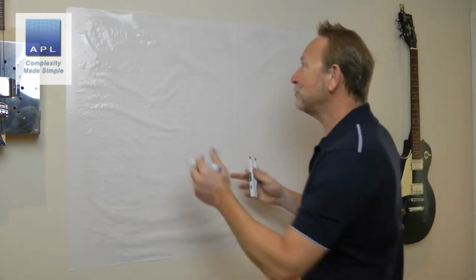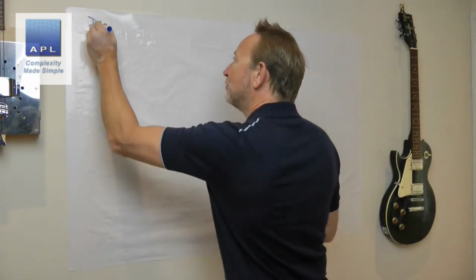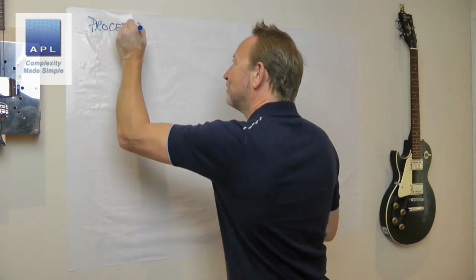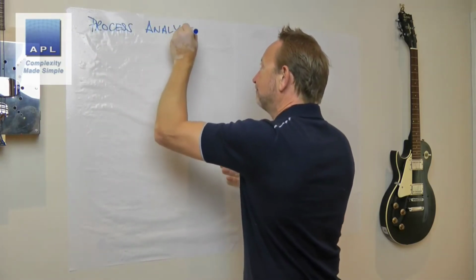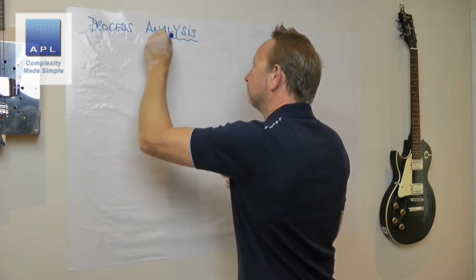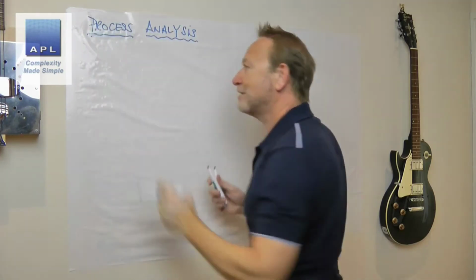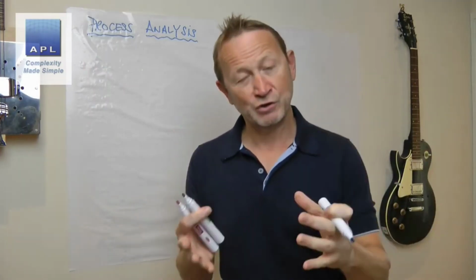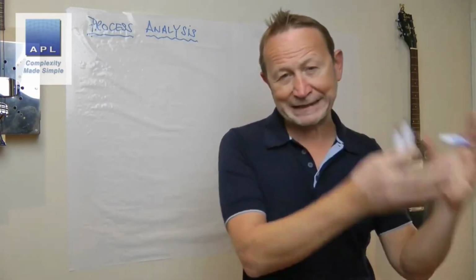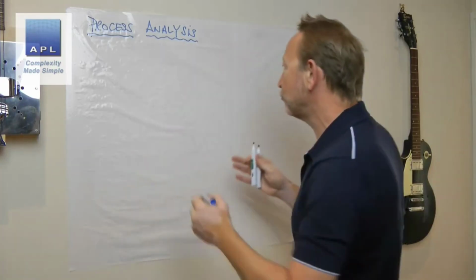Okay. Welcome now to the process analysis part of the Catapult exercise. We're going to do process analysis based on the fact that we have a very noisy process. So are we in chaos? Or are we in control?